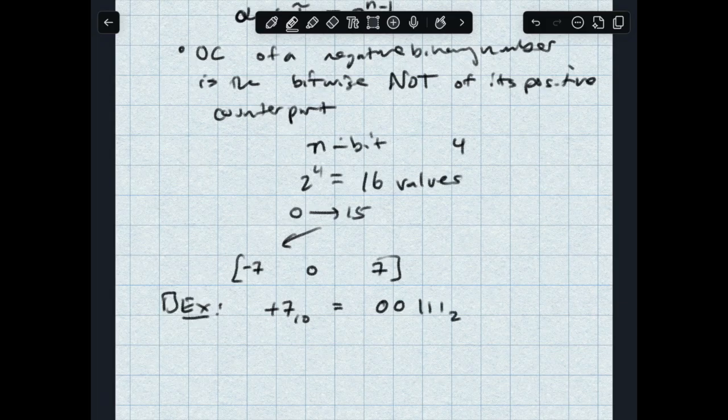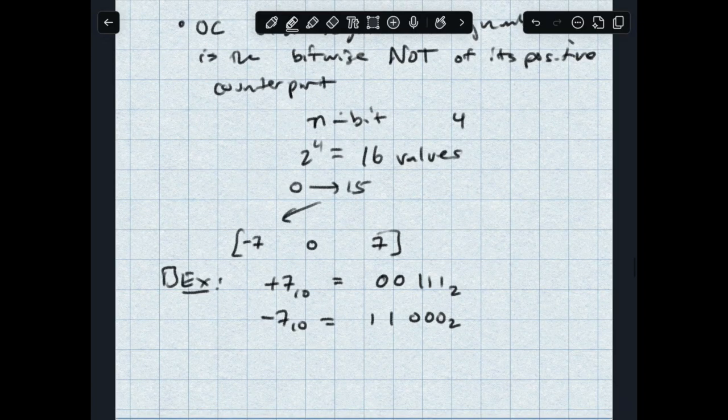To get the -7 in base 10, I'm going to simply take everywhere that there's a 0 and make it a 1, and everywhere there's a 1 and make it a 0. That's just a 1's complement. And if I were to add these things together, so +7 base 10 and -7 base 10, I would expect that to be 0. Let's see if that works.